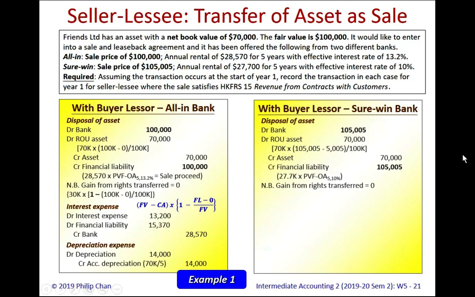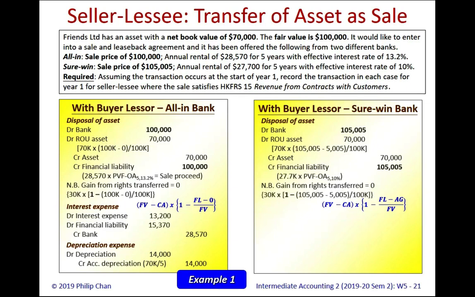And then the right of use asset, remember we use the formula CA 70 times financial liability. And we know that there is an artificial gain, as I just pointed out, which is the difference between sales and fair value. So that gain has to be subtracted, divided by fair value, and that is 70. Again, if you want to check this calculation of the gain from rights transfer, you can do that.